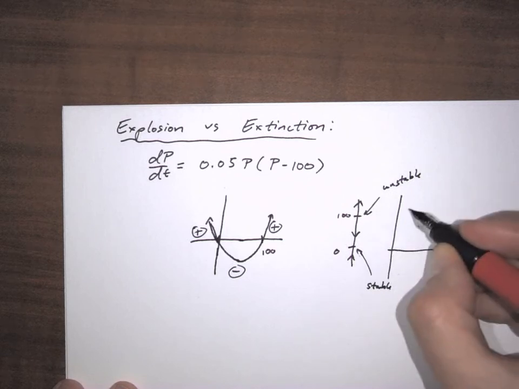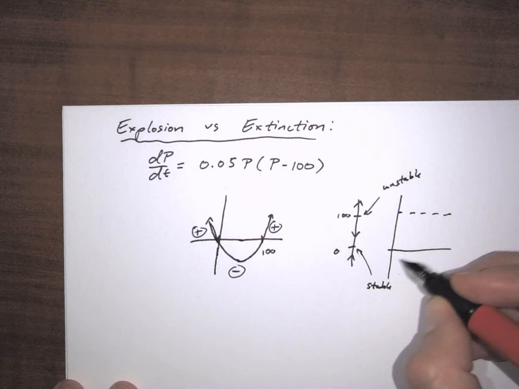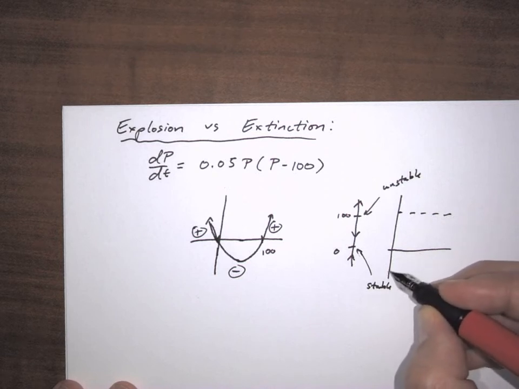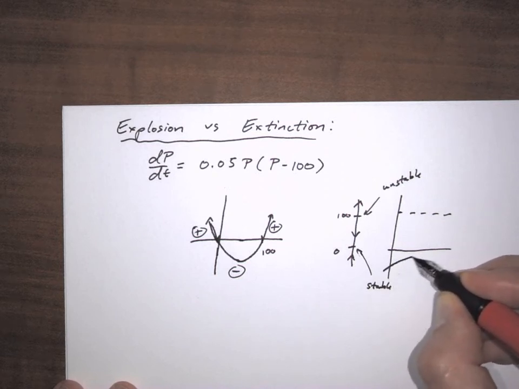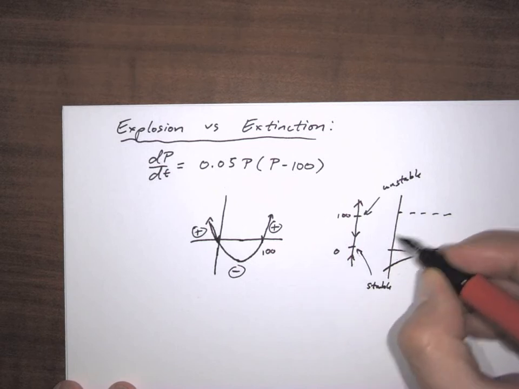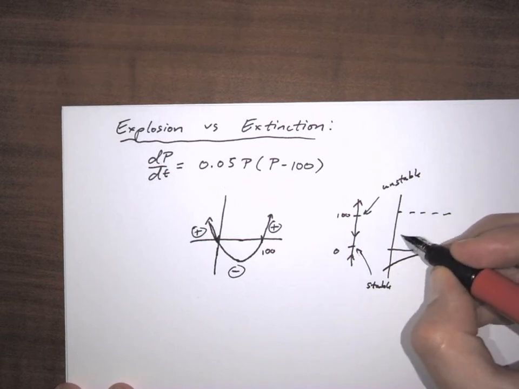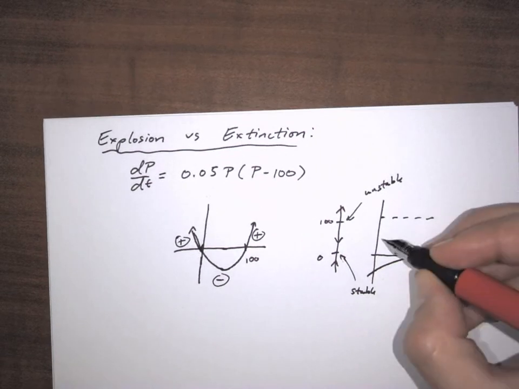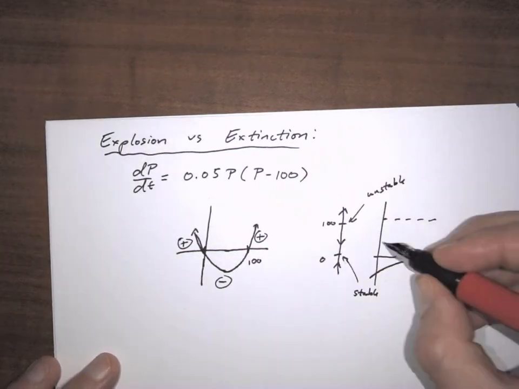So what that means now is we're going to have populations that, if they were negative, are going to veer up towards 0. Again, doesn't quite make sense in the context of animal populations, but there could be other scenarios that use the same sort of equation.